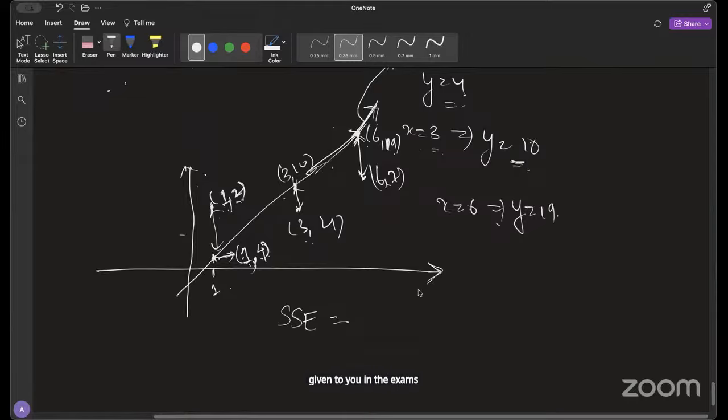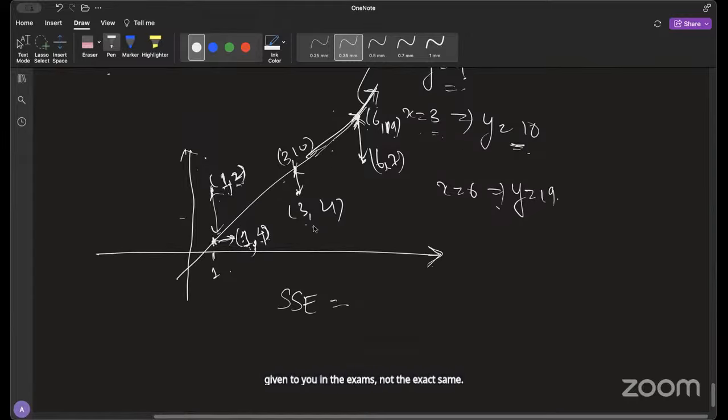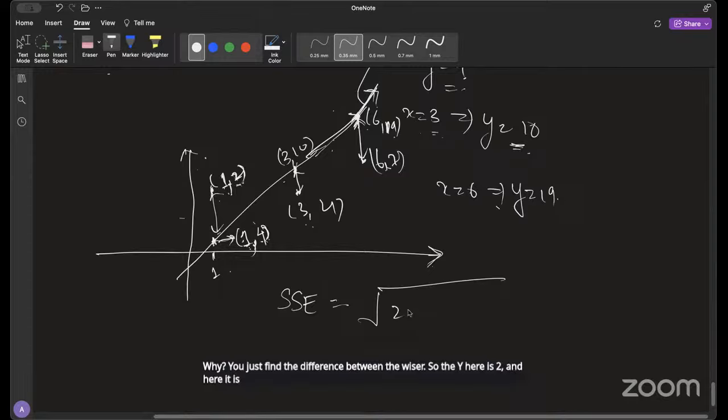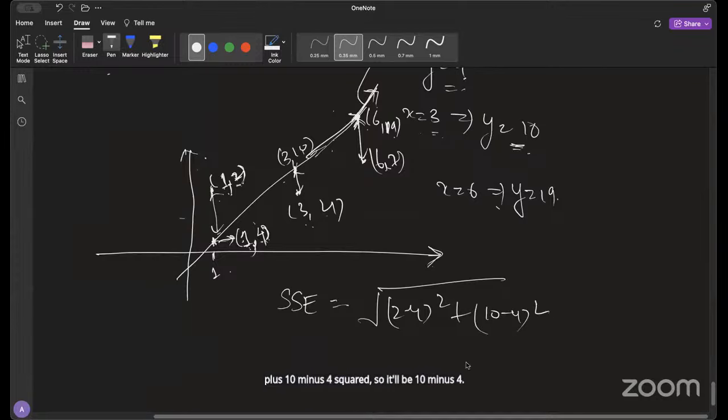So the sum of squared errors will be: you just find the difference between the y's here. The y here is 2 and here it is 4. So it will be 2 minus 4 squared, plus 10 minus 4 squared, plus 19 minus 7 squared. And then you put this entire thing into a square root.